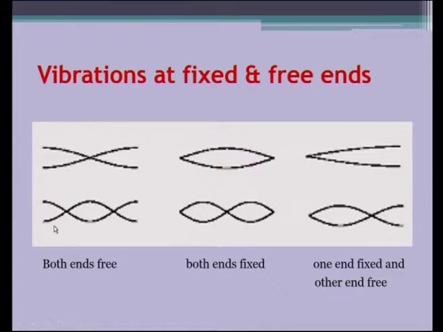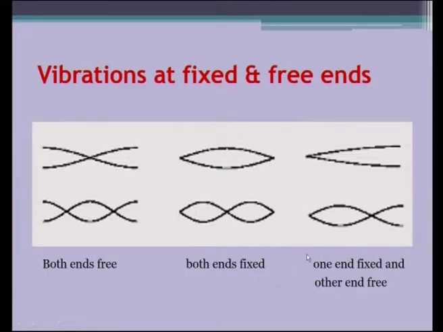See, when we have a string, there are two ends. If both the ends are free, the antinodes are formed at both the ends. When the two ends are fixed, we have the nodes formed at the fixed ends. See, here also the nodes are formed.